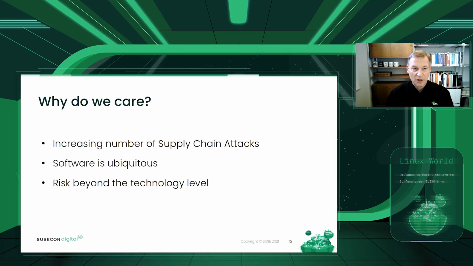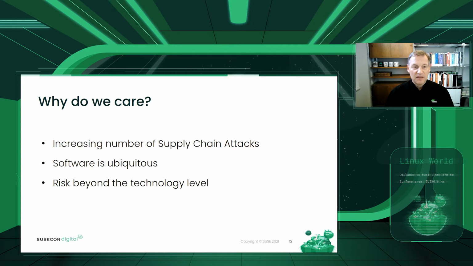Ubiquitous means that software applies to all areas of human life, not only to technology or finance where it was before, but it also approaches healthcare more and more. It goes into travel, up to self-driving cars. It takes decisions for us when we think about artificial intelligence. So that means that the security of the software and its proven quality is a very important aspect and approaches more and more areas of our life.